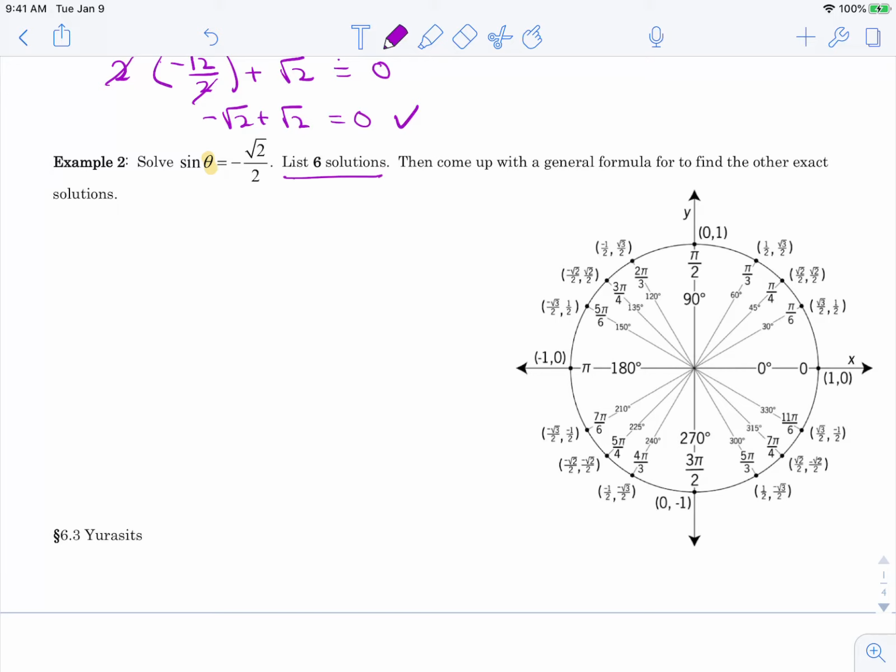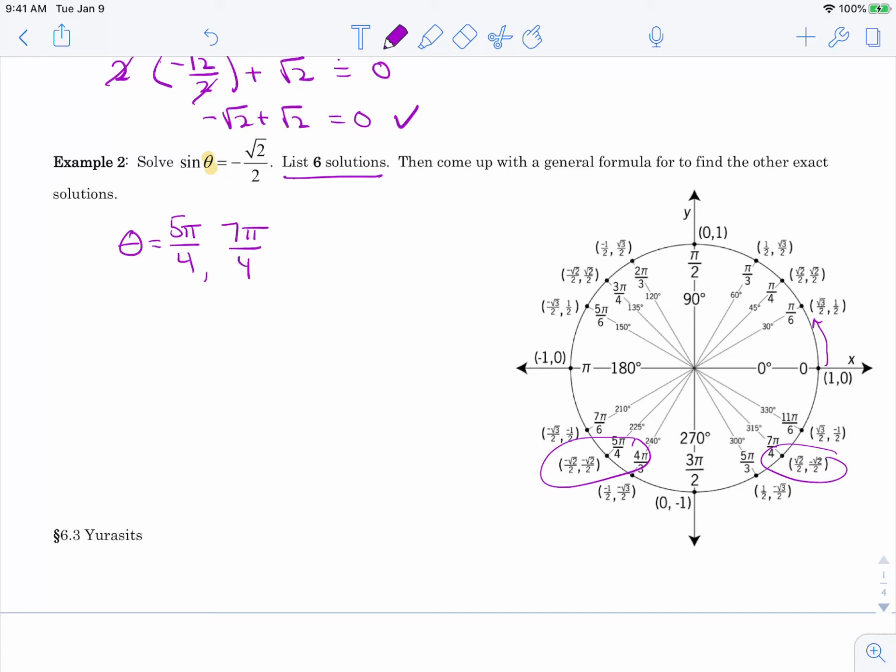The first place I hit negative root 2 over 2 for sine, going in a positive direction, is right here. So theta will be 5 pi over 4. There's one solution. And we have another solution here, which is 7 pi over 4. What I'm saying is that those angles will produce negative root 2 over 2 for sine.